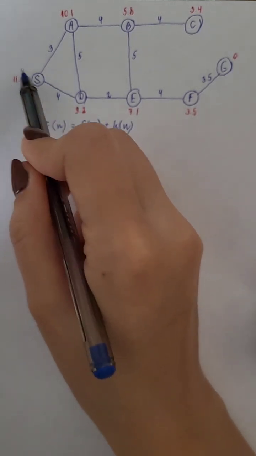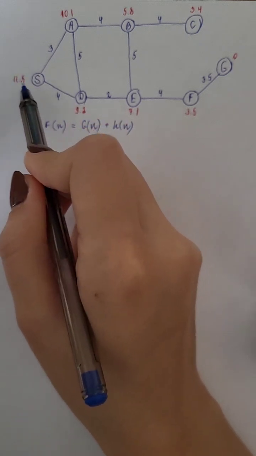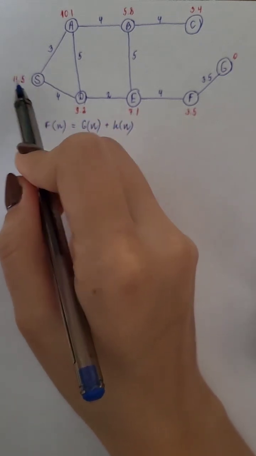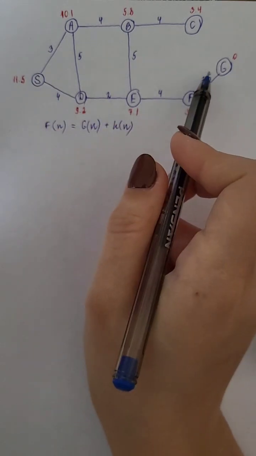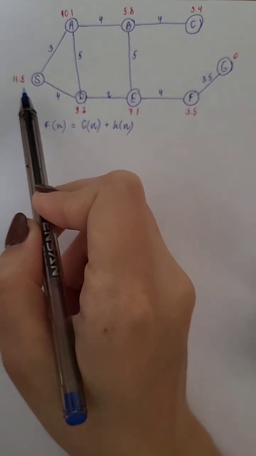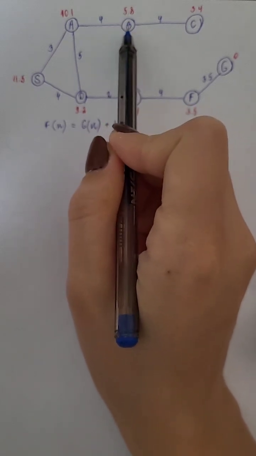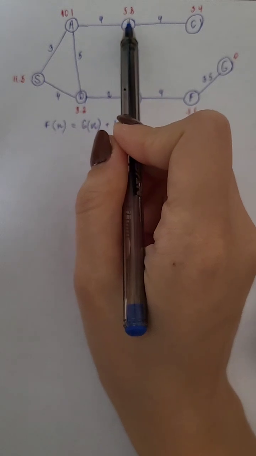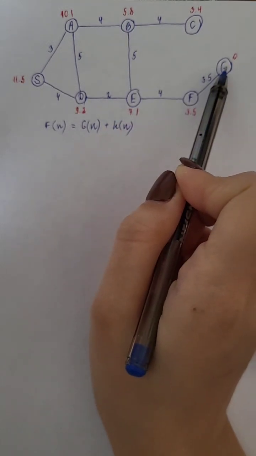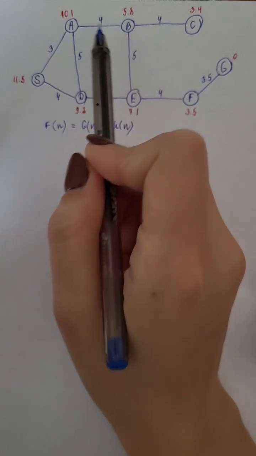And you see 11.5 is the heuristic value of S. The meaning of this one is the distance from S to G is 11.5. Similarly, let's say we have 5.8 on top of the B. The meaning of this one is the distance from B to G is 5.8, and so on.